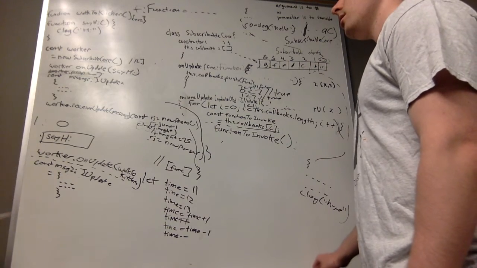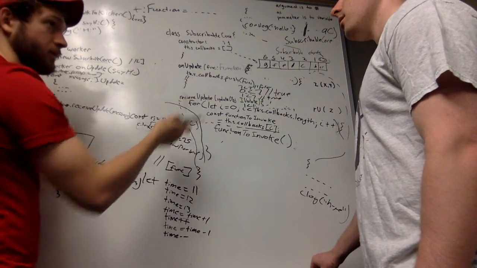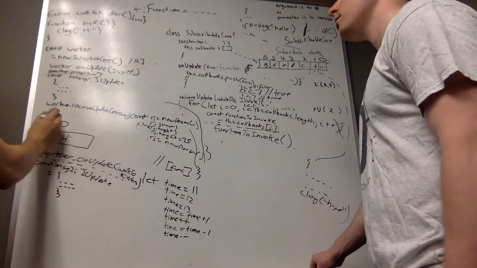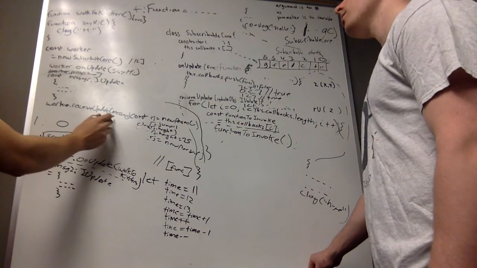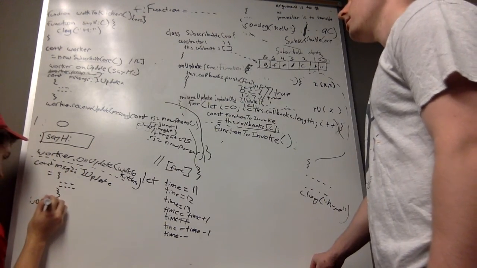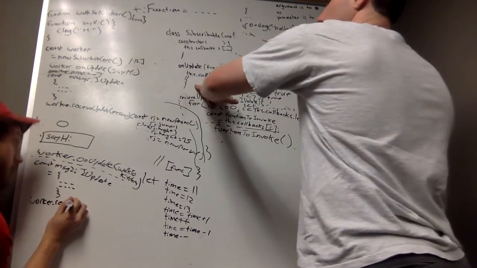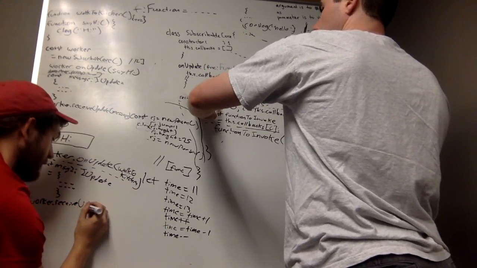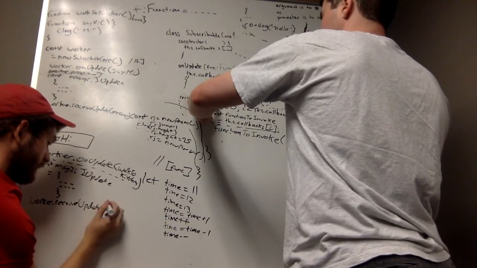We just need to call the receive update method on worker. Oh, we just need to plug it in and then see what comes out. Yeah, we just type worker.receiveUpdate(message2).